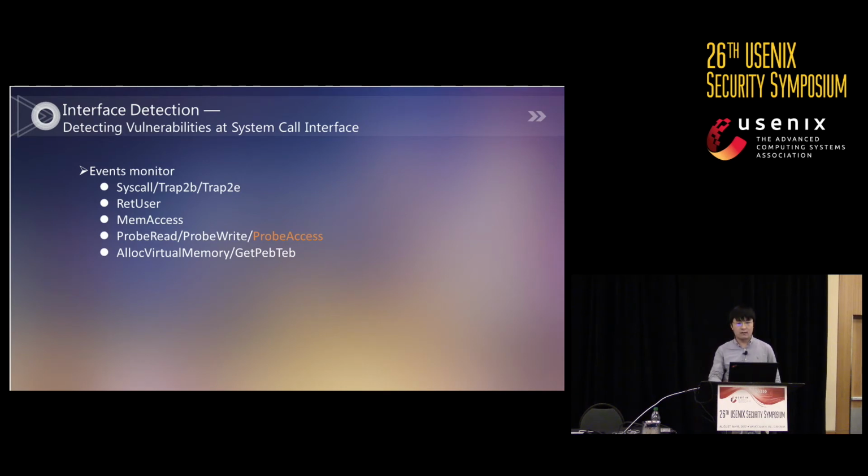The memory access events indicate that user mode memory is accessed by the kernel programs. The probe read, probe write, and probe access events suggest the user mode access is unchecked. The last 2 events are used to reduce false positives.